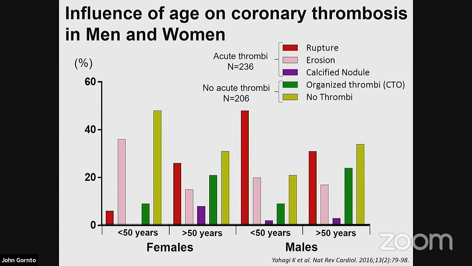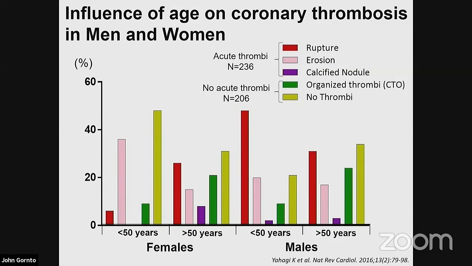In men, whether they are less than 50 or beyond 50, the dominant lesion is plaque rupture. But erosion does occur, and it is seen in younger men, not so much in older men. Again, they are quite frequent in young men.